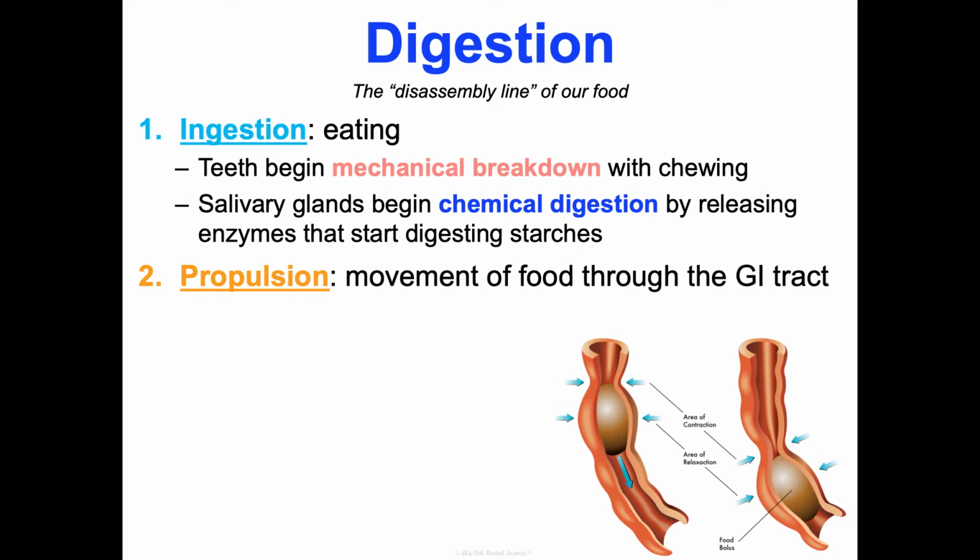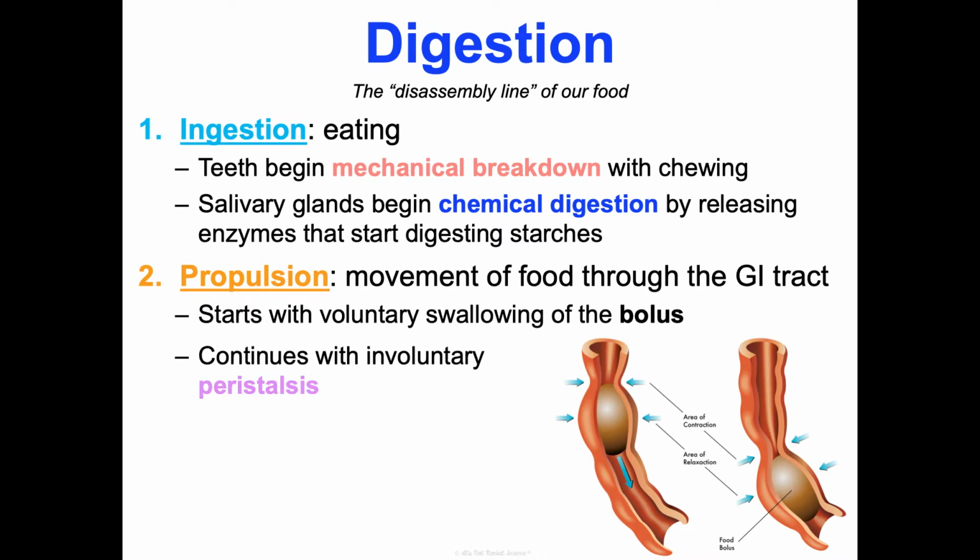After ingestion, which is happening in your oral cavity or your mouth, we have propulsion. This is the movement of food through your gastrointestinal tract, and it's happening throughout the whole process, through every structure really. It starts with voluntary swallowing of the bolus. Bolus is what we refer to as the ball of chewed up food that's in your mouth. So it starts with you choosing to swallow that.